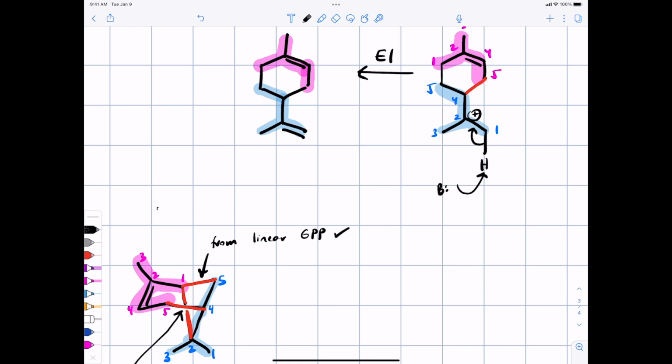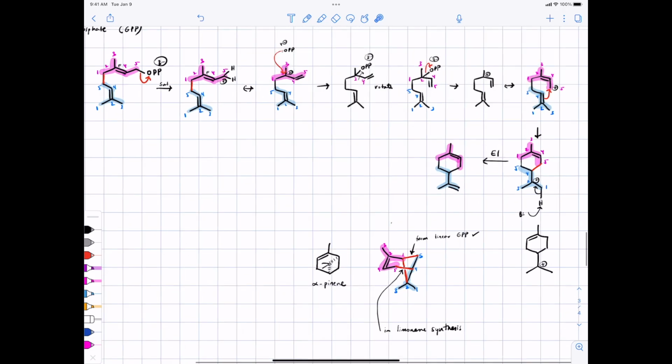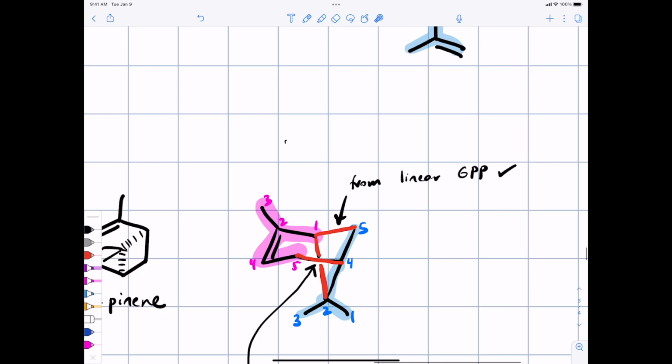So it's probably okay to isomerize to that. And in fact, if we're ignoring stereochemistry, we've just sort of flipped it over, right?